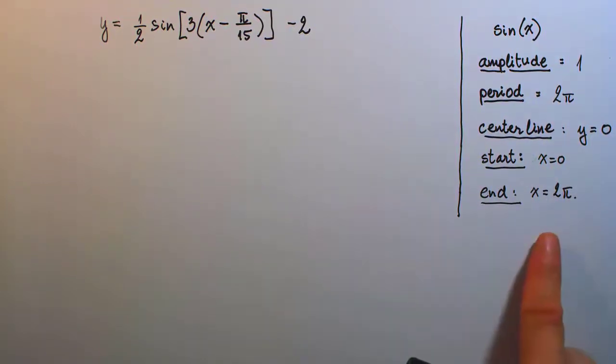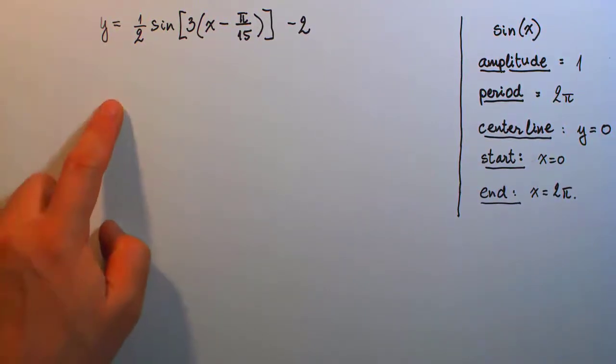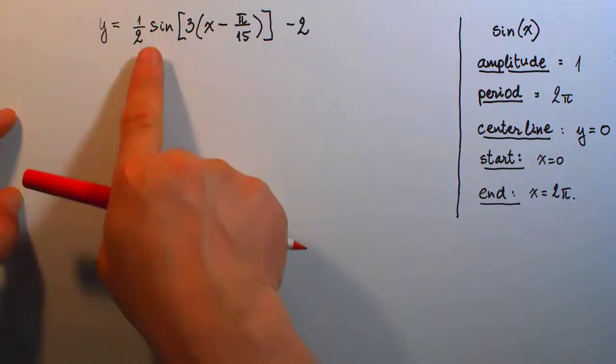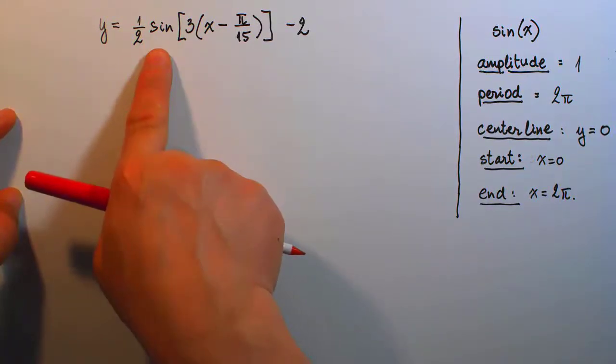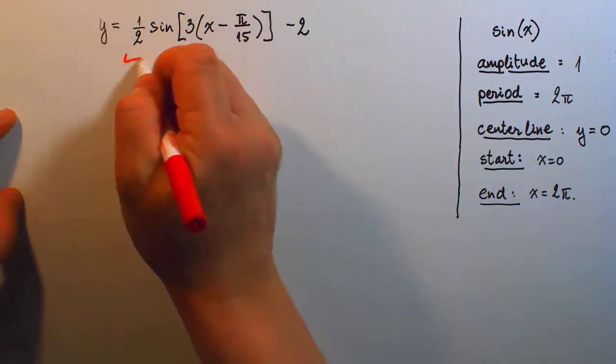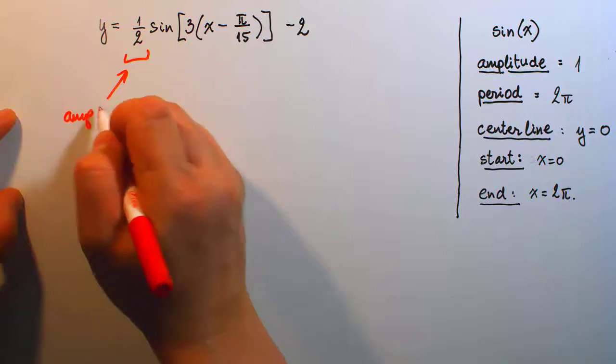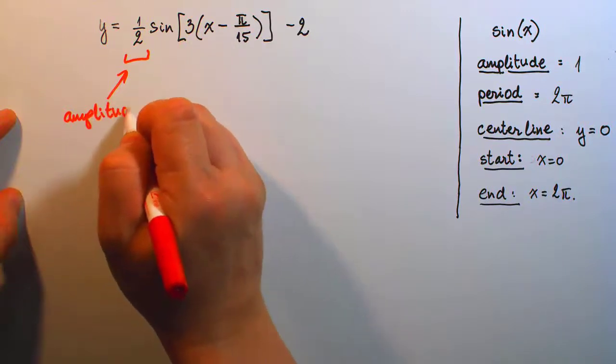After that brief review, we have learned throughout our lectures on all the elementary transformations that the coefficient in front of our sine function, outside of the sine function, is responsible for an amplitude change.